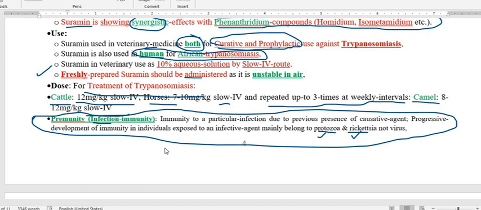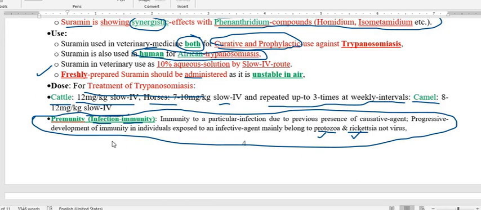This is called premunition or infection immunity. It means infection is there, and that infection produces the immunity.